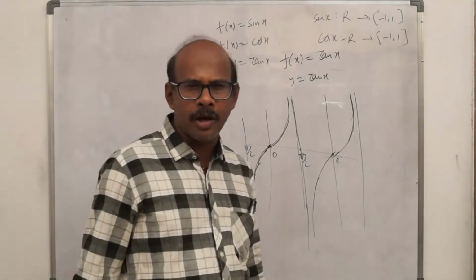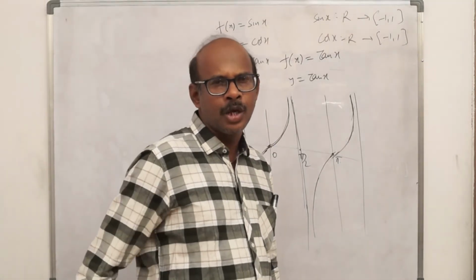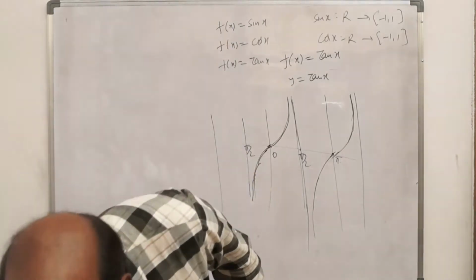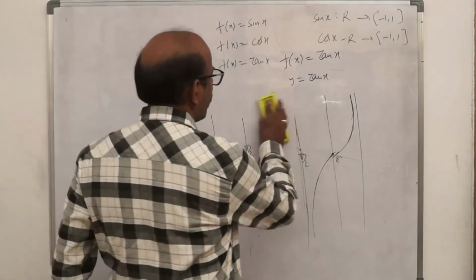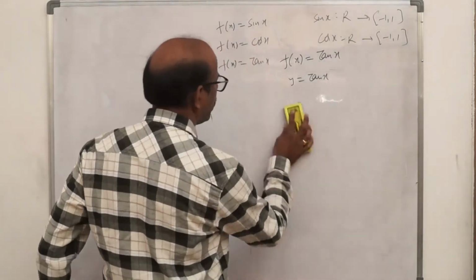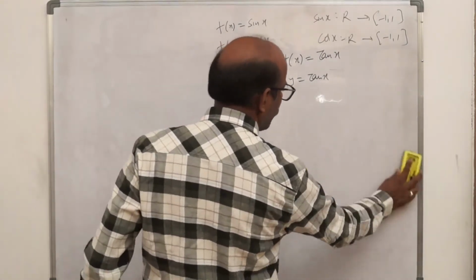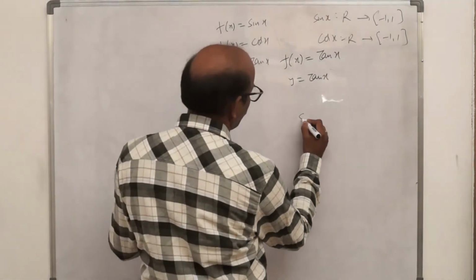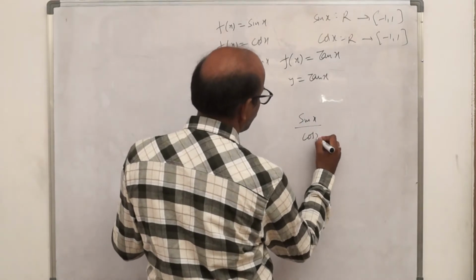For the domain, I already told the definition: total real values. We are talking about real functions, so the domain is nothing but total minus undefined. Here the total is R and the undefined values are odd multiples of pi by 2. So the domain of tan x is R minus the set of those values.